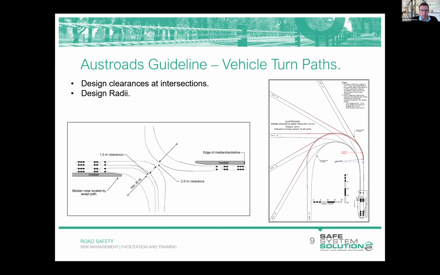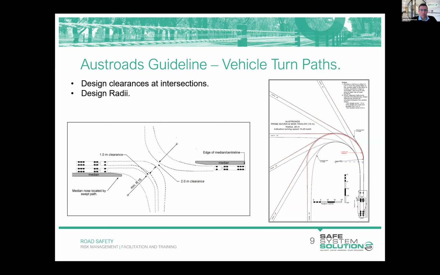So here we've got a semi-trailer making right turns. In one instance, we've got two abreast, turning right at a minimum radius of 15 metres. Austroads provides a number of typical radii, and they relate to different speeds.